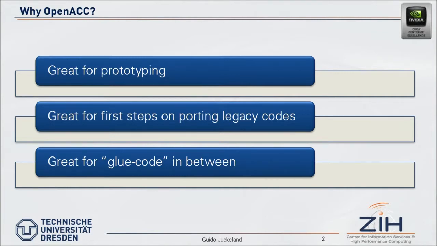Or you're porting those 100,000 line legacy codes that maybe are already Fortran 77 or older, and you just want to get this to the new machine that your management procured for you. Or you have a larger application with some performance critical sections, but also a whole bunch of glue code in between, where you just have to do some data management, and you've decided to use OpenACC for that.